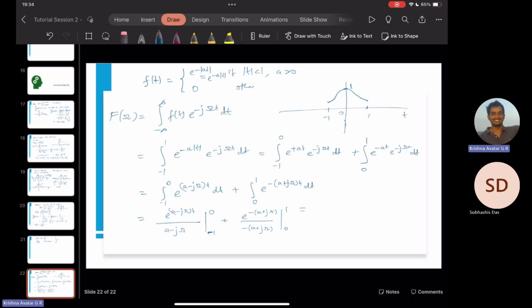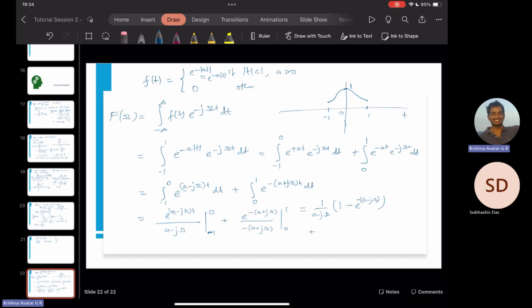Now let's evaluate both these terms. The first term has 1 by a minus j omega as common denominator, and then e to the power something into 0 is just 1, minus e to the power a minus j omega, and it's going to be negative.